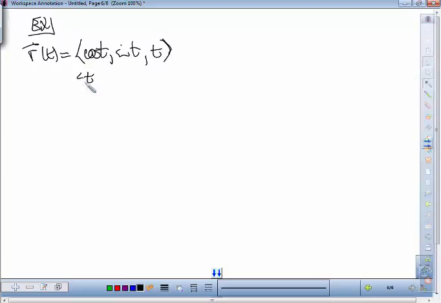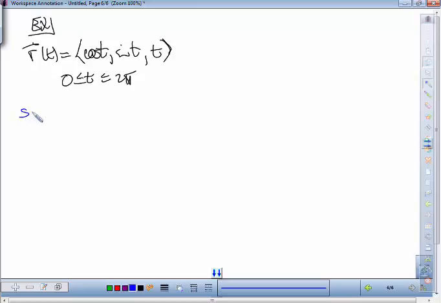Let's let t go from 0 to 2 pi. So we know that the circumference of a circle is 2 pi, right? And so this is a circle that's been stretched out, and so I think maybe that the circumference might change a little bit. So let's see how that's going to change, or maybe it'll be the same. Anyways, let's do the formula.